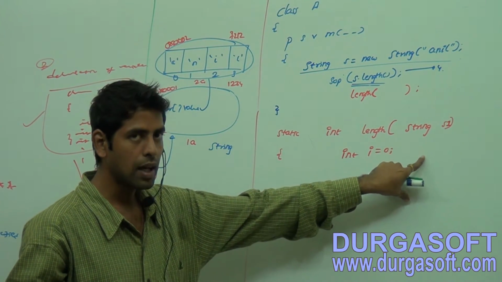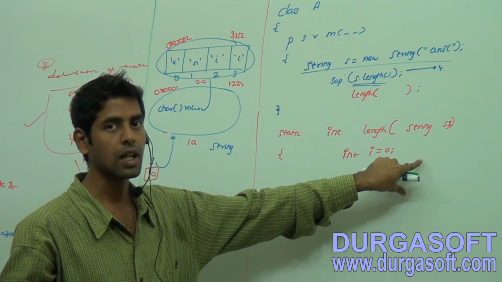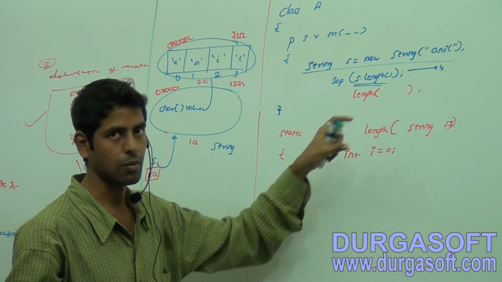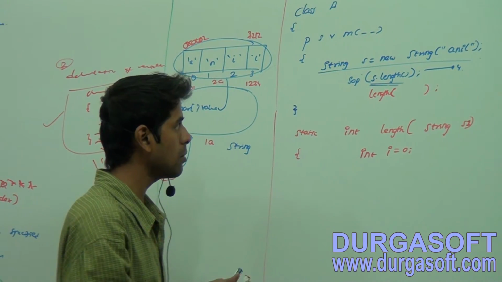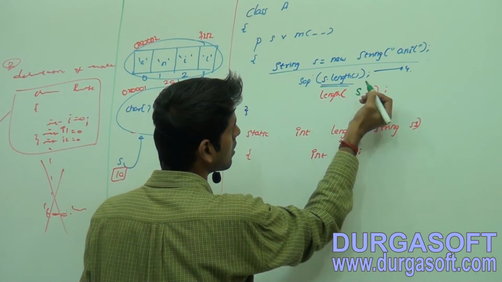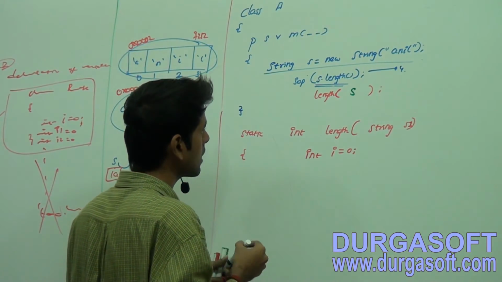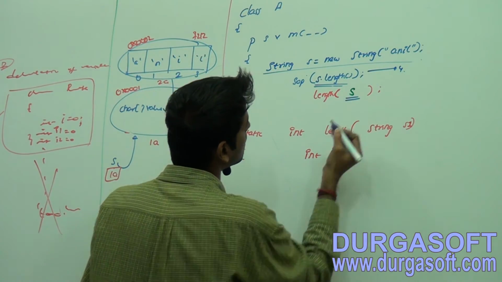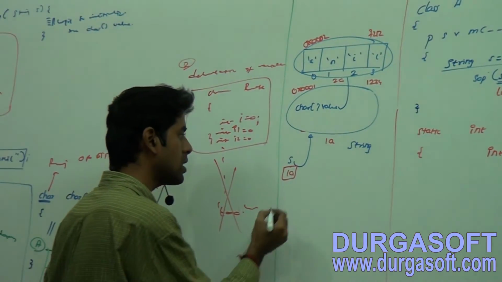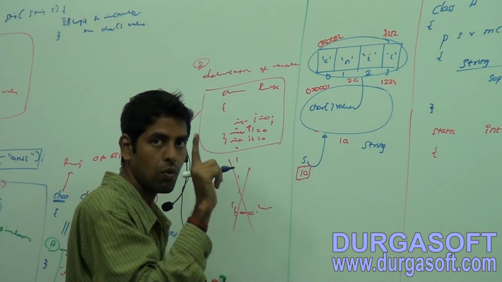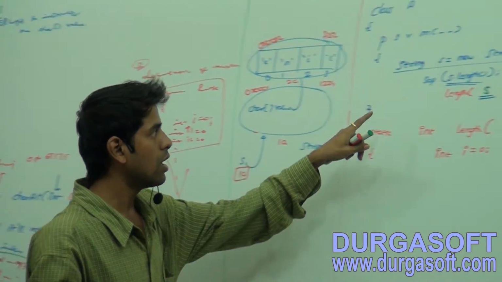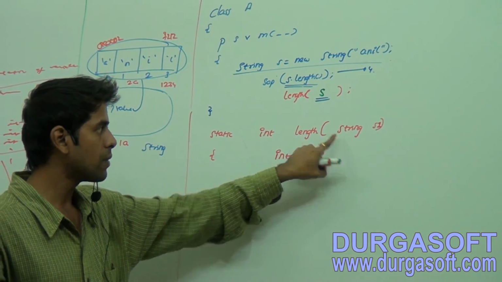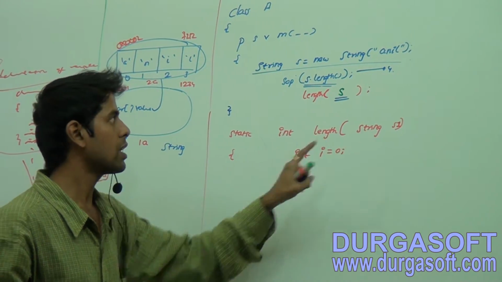You have to pass string object as argument to this length method. Now observe here, can I pass s here? Yes, you can pass. Observe, what is s value? 1a, that you are passing to this length method, that is copying.